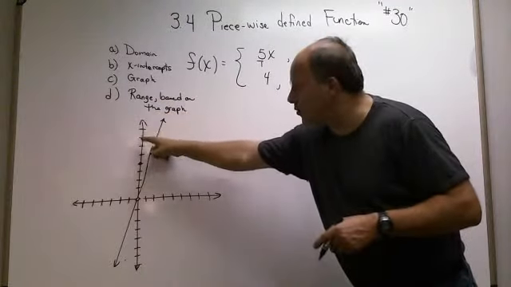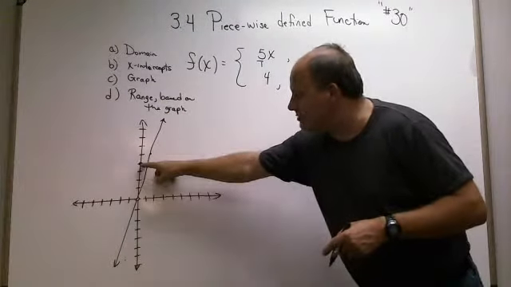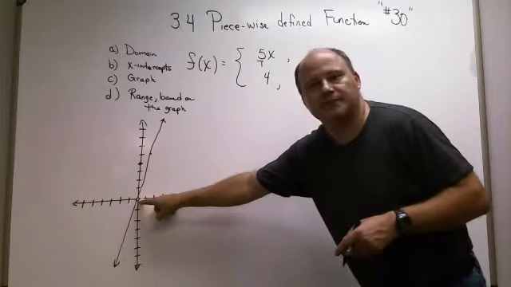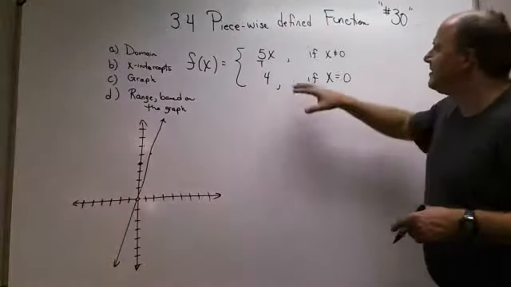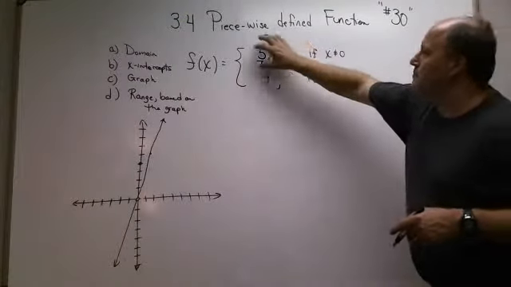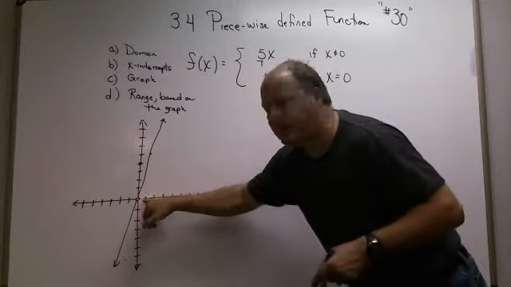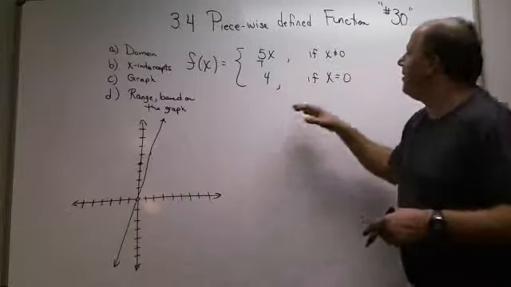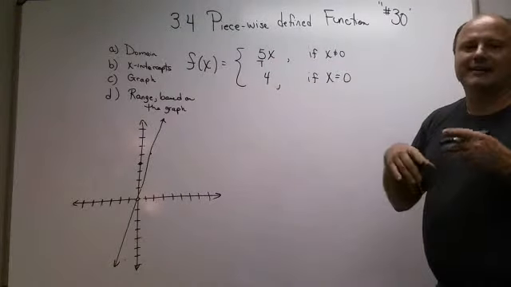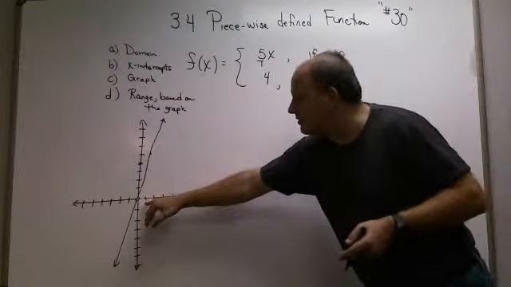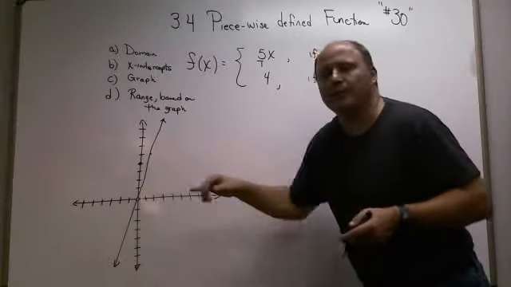If you draw a vertical line right on top of the y-axis, it hits this point, but not the other point because it's hollow. So for the most part it is 5x, this whole big solid piece with the hollow point. Only one point is defined as something else, at x equals 0, and the y-coordinate is 4.